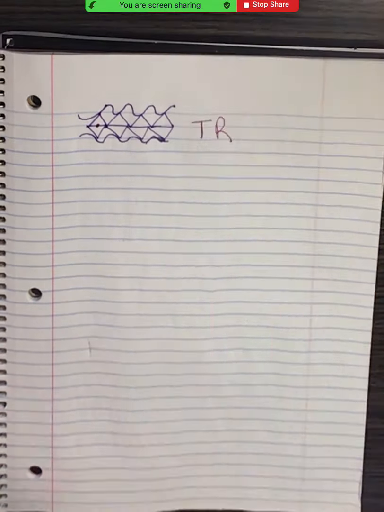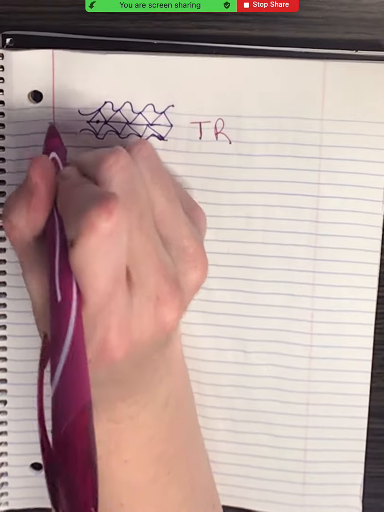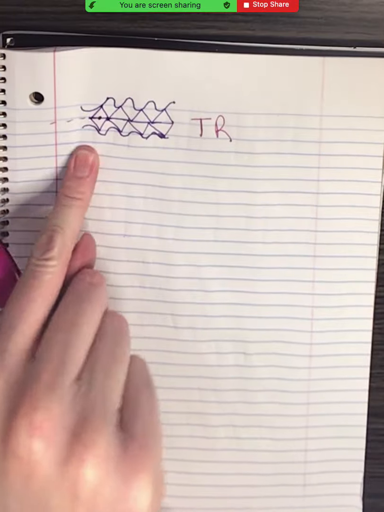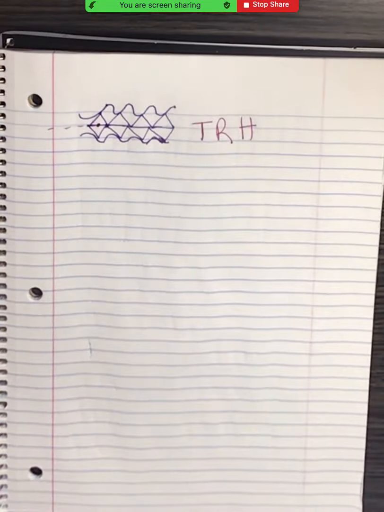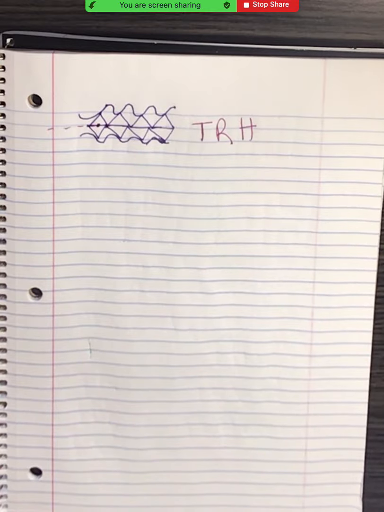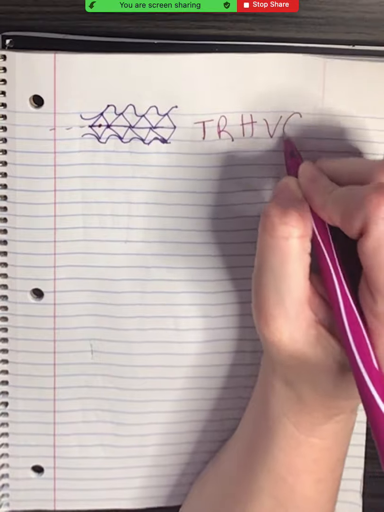Then are there any lines of reflection? Okay, well, horizontal line, right? The top reflects to the bottom. So there is a horizontal line of reflection. Okay, then since there's that horizontal line, there has to be a vertical line and the glide reflection.